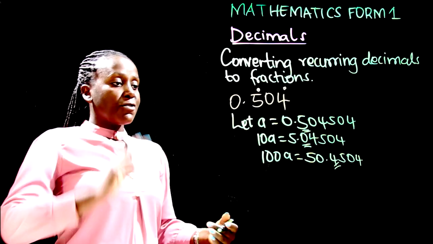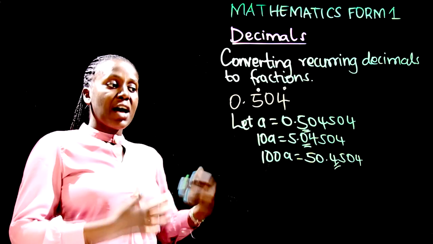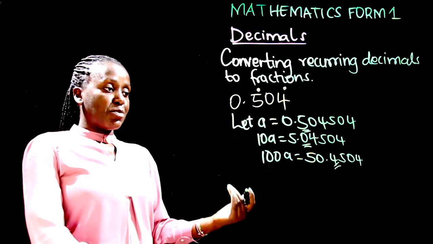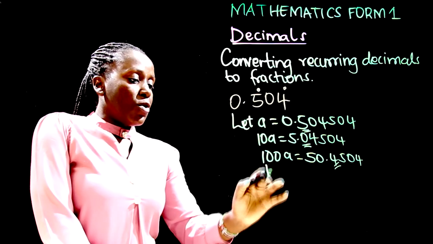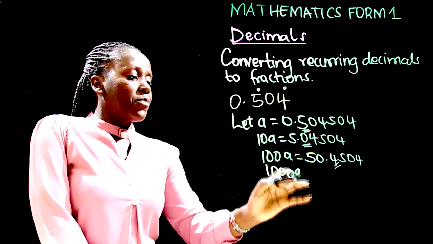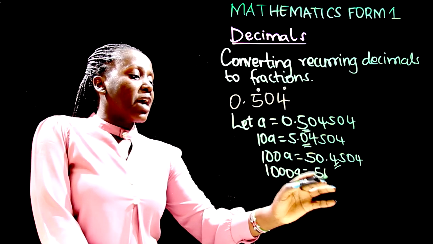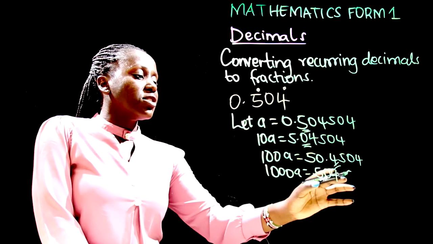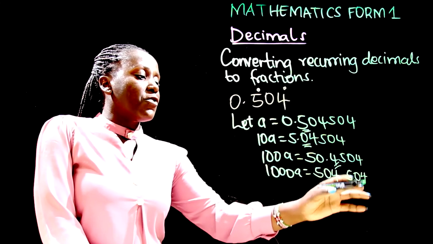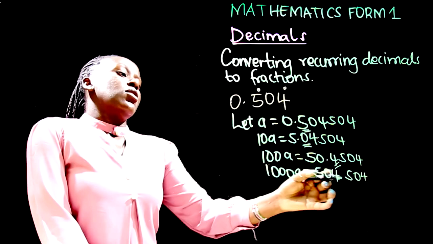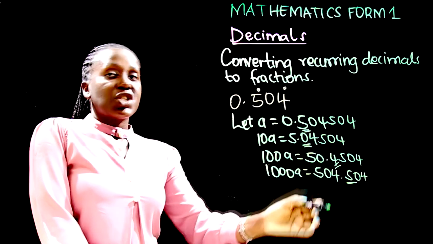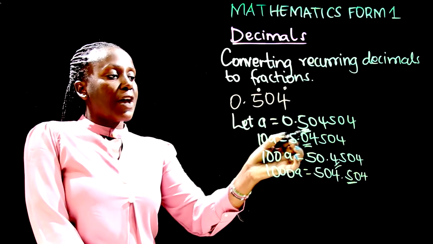So we still don't have two multiples that have the same numbers after the decimal point. So we move on. 1000A will be equal to, we move the decimal point forward, this becomes 504.504. So this is 5 now, which is equal to this 5.